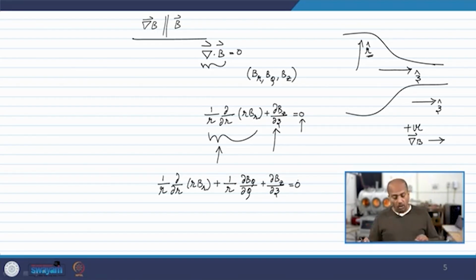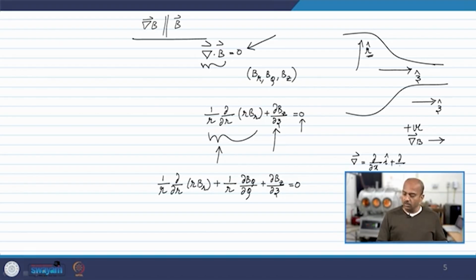Now, if you are wondering where I got this equation from, you have to refer to some basic vector algebra, or you can just go to the electrodynamics book by Griffiths, where all the relevant formulae of vector calculus are given on the first page itself, where the divergence is written in all the coordinates. If you write the del operator in Cartesian coordinates, it will be dou by dou x along i cap plus dou by dou y along j cap plus dou by dou z along k cap.